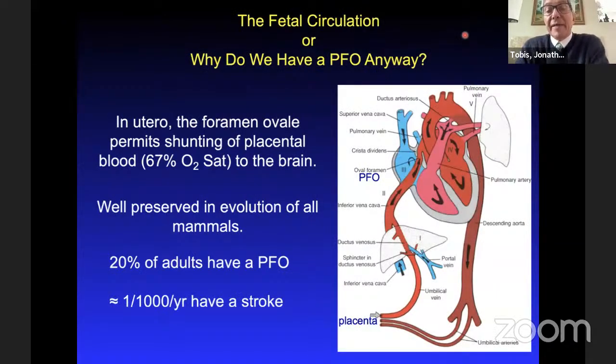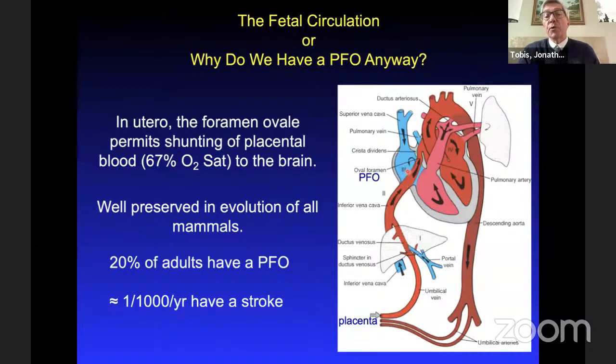So let's go back to embryology of why we have a patent foramen ovale anyway. In the infant, in utero, the baby's not breathing any oxygen from the lungs, so the oxygen comes from the placenta and travels up the inferior vena cava.